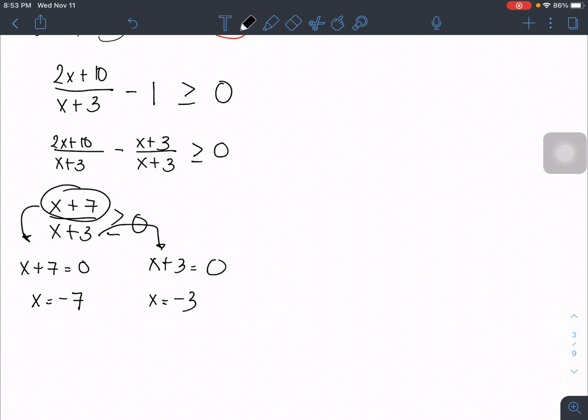Okay, so I would like to draw a number line about this.